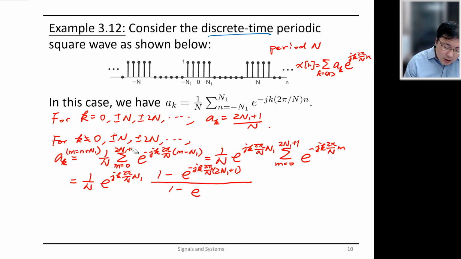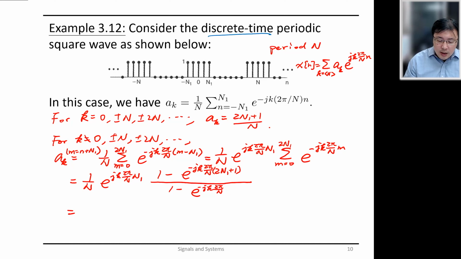So I'm sorry, I think this summation should be only up to 2N1, so that I have a plus 1 here. This is just applying the formula for the summation of a geometric series.